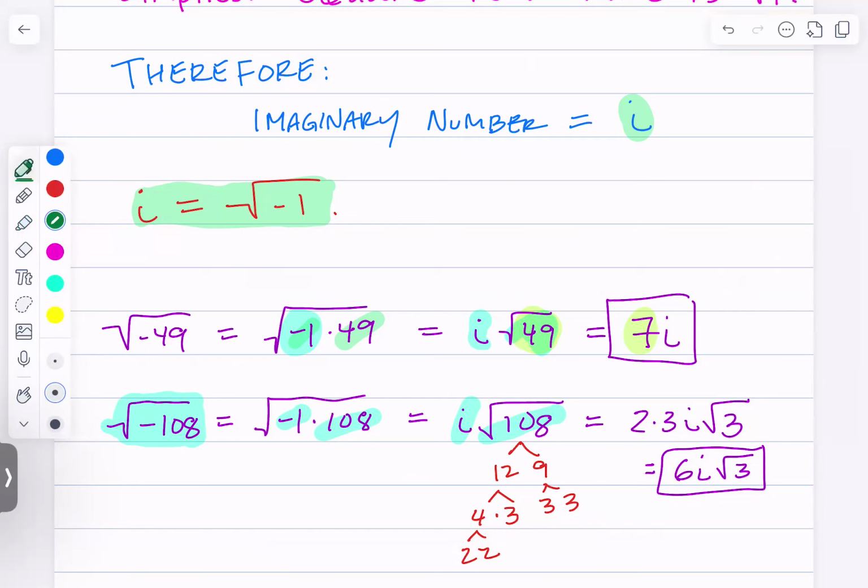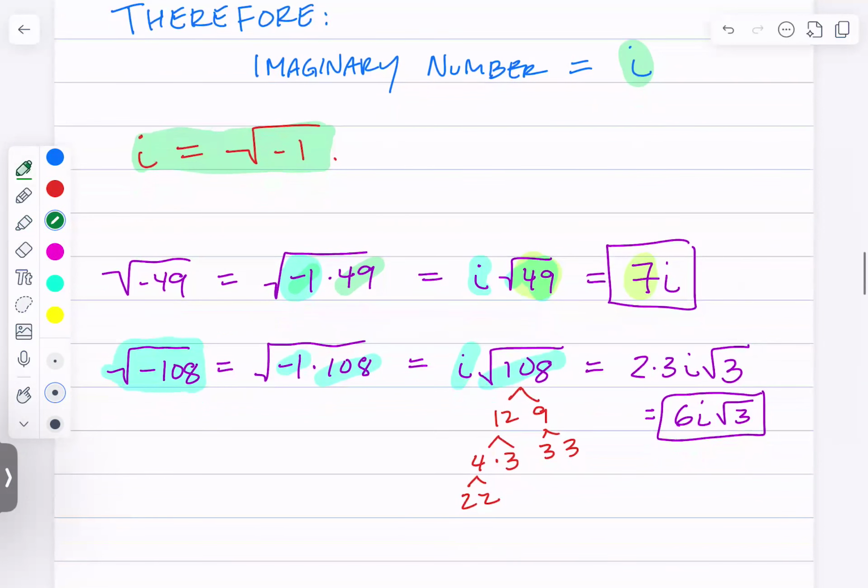And if I break down 108, I took the liberty of breaking it down. 108 is 12 times 9. 12 breaks out to be 4 times 3, and 4 is 2 times 2. And then 9 becomes 3 times 3. So I have all of these pairs.